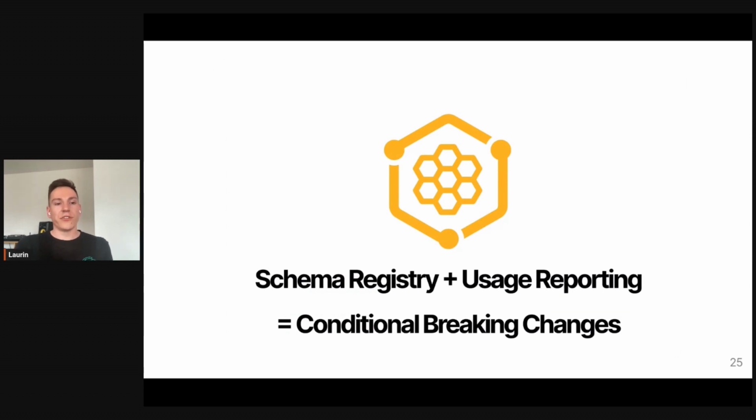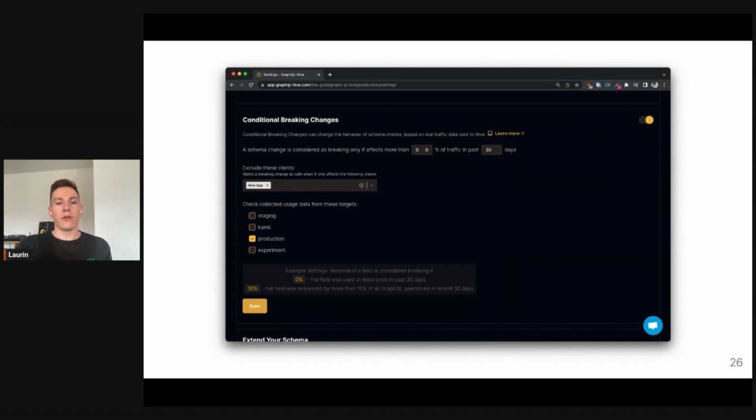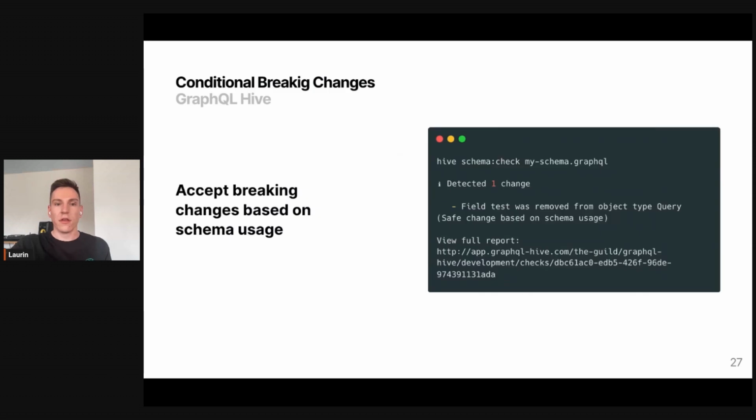So the powerful feature that is combined from the schema registry and the usage reporting is basically conditional breaking changes. Within Hive, you can configure that, for example, if a certain field is not queried for in the last 30 days, or only 5% of traffic is using that field, it's safe to remove that field, and schema check should not fail if I'm attempting to remove that field within my pull request.